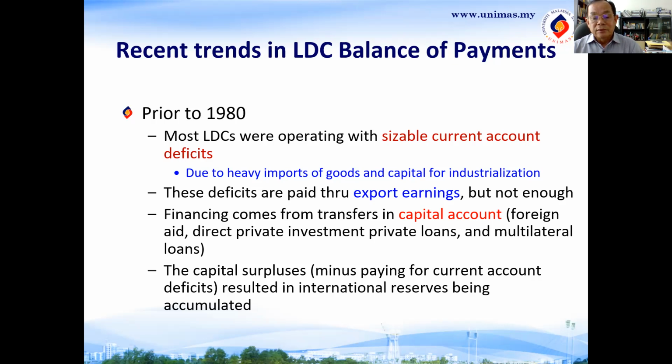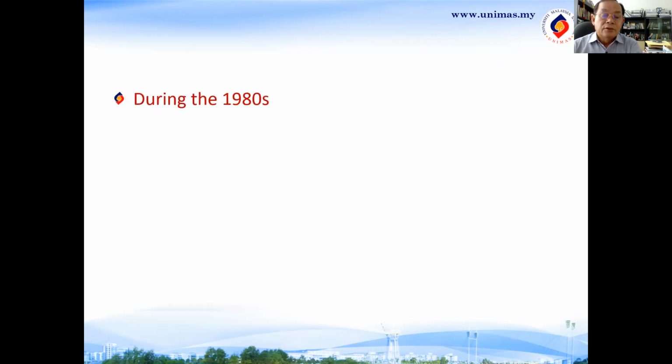However, if you have surplus in your capital account, plus, after paying for the current account deficits, then that will result in the international reserve for the country being accumulated, so increase in the reserve. Itu sebelum tahun 1980-an, ya.